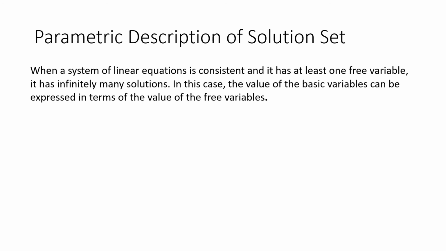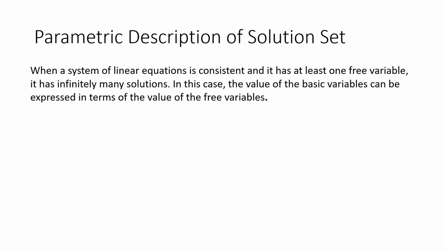Now, when we have a solution, we can write it in what's called a parametric description of the solution set. We solved the system of linear equations a minute ago and ended up with x equals 11 over 9 and y equals 2 over 3. That was a specific solution.